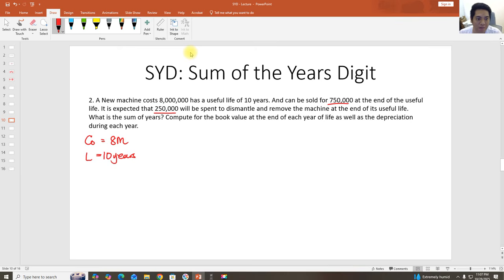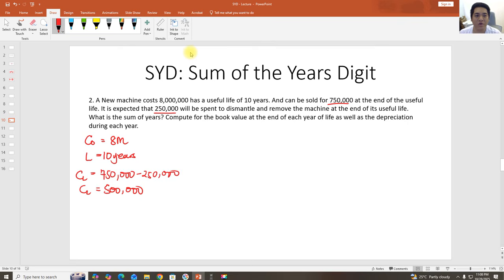So technically, what will happen to the salvage value? So the salvage value is expected to be 750, but since you have another expense to dismantle it, 250,000, you have to get the difference between the 750 and 250. And that will give us the salvage value of 500,000.